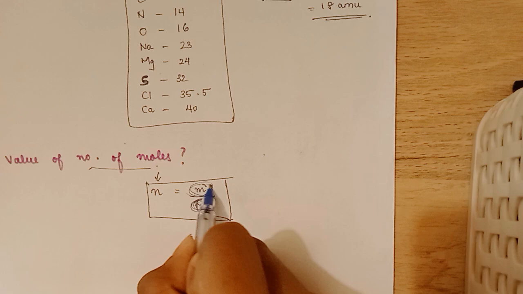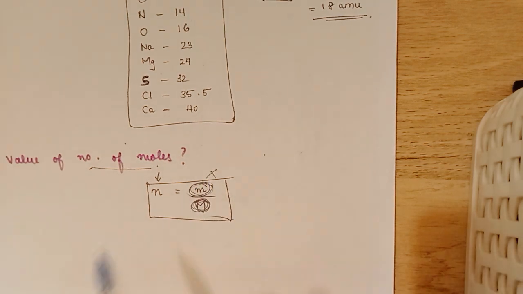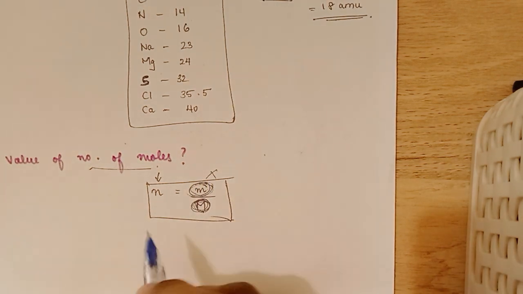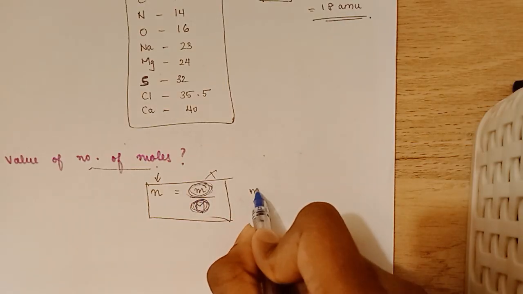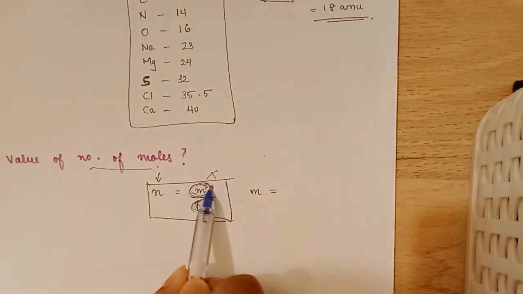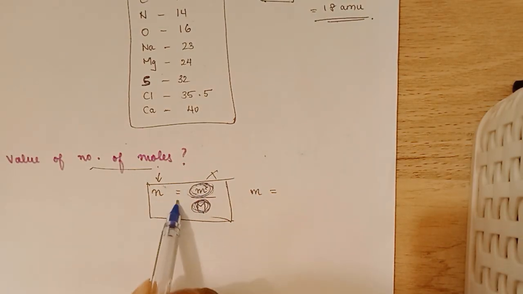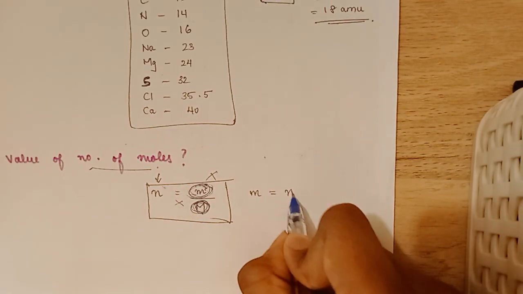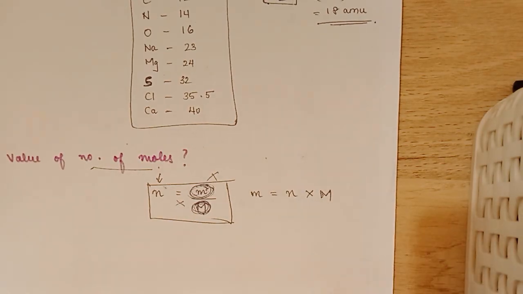We can also derive the equation for molar mass as well as the given mass. Suppose in your question the given mass is unfortunately not given. How do you find it? Then m will be equal to n into the molar mass. This is how you find the given mass.